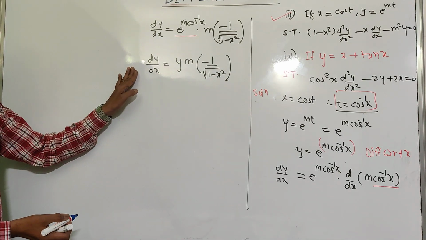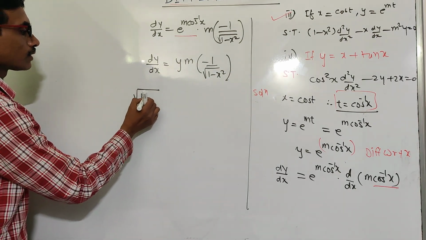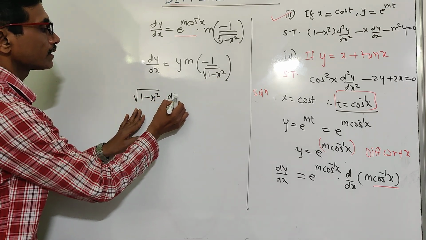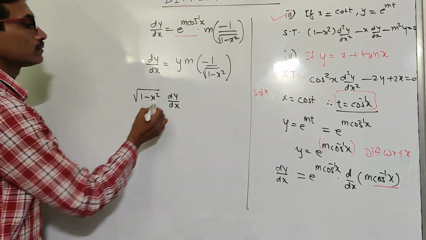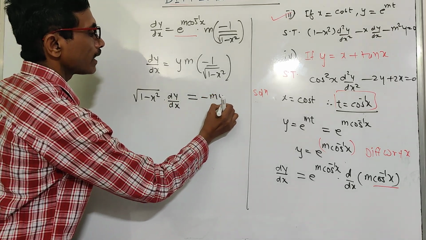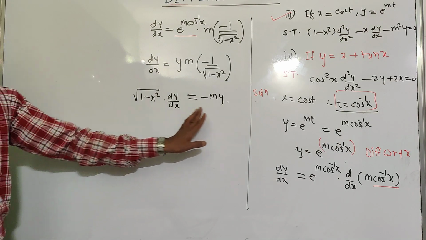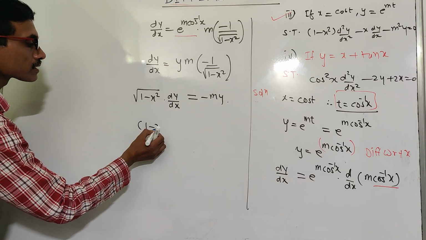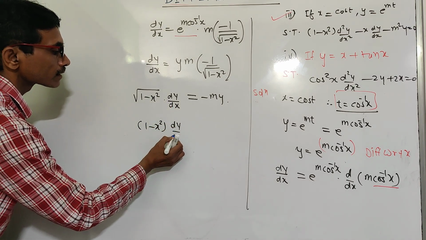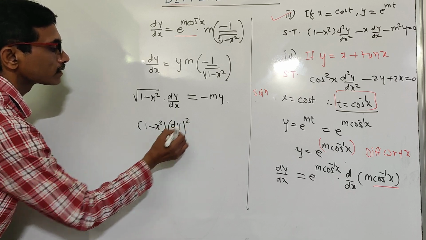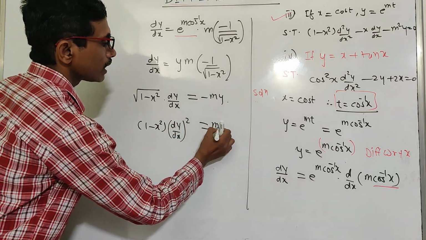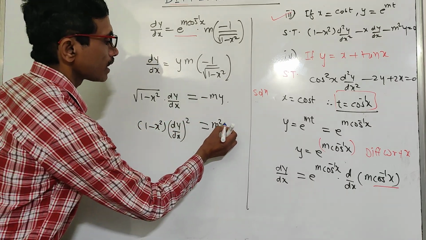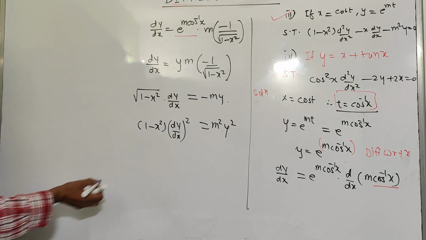Taking this cross multiplication, it gives us root of 1 minus x square into dy by dx is equal to minus my. Now if we square both sides, this square root will be removed. So squaring both sides, 1 minus x square into dy by dx whole square is equal to m square y square. The square root will be removed and this minus sign will be removed. Now differentiate it.